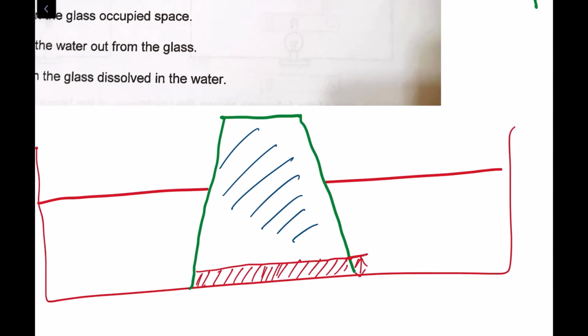So the main reason is that matter, or rather air in this case, occupies space, which is why this water level is so low. It is not able to rise any further.